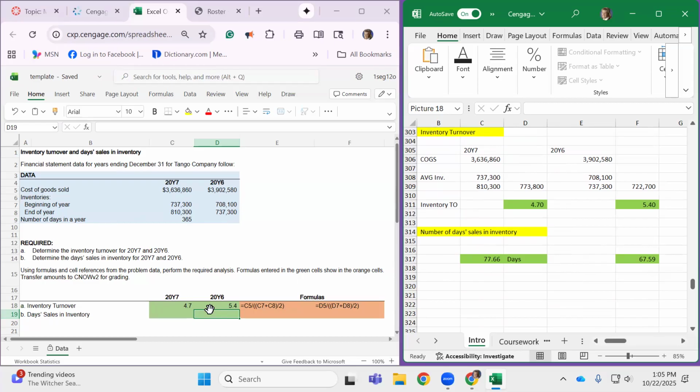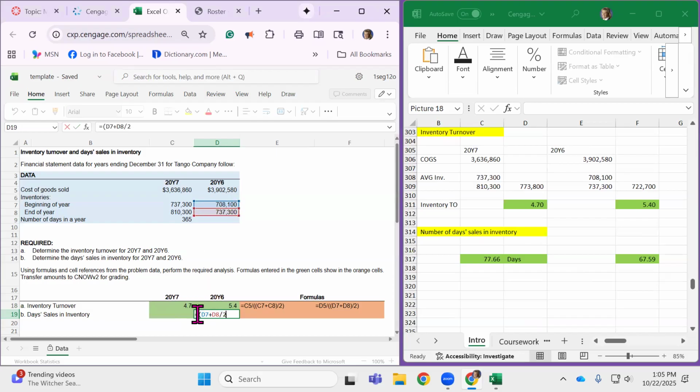Okay, so we got to do the average inventory. So we have equals, come on, equals. Okay, so we're going to open up our parentheses and do beginning plus ending divided by 2.